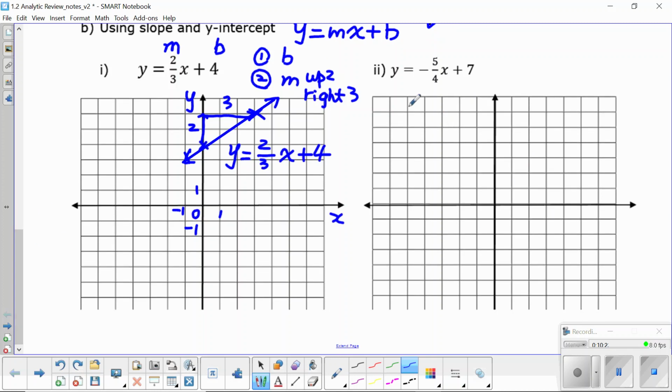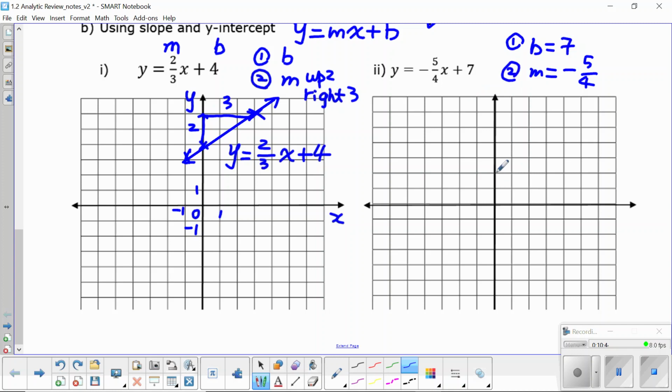So now we are going to show you how to do the next one. b equals 7, then m equals -5 over 4. So you find the b first, then use the m to find another point from the 7.